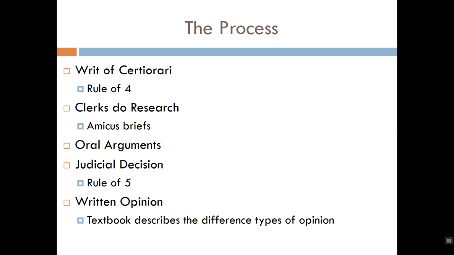Well, in that case, you still need 4. You need 4 of the 8 remaining justices. And that makes your life a little bit more difficult, because getting 4 of 9 justices to agree to hear your case tends to be a little bit easier than getting 4 of 8 justices, because you've got that extra opportunity for a yes. I'd like to hear this case.